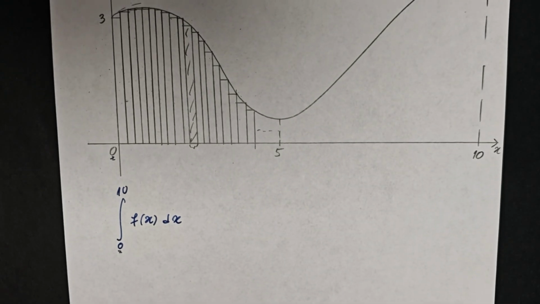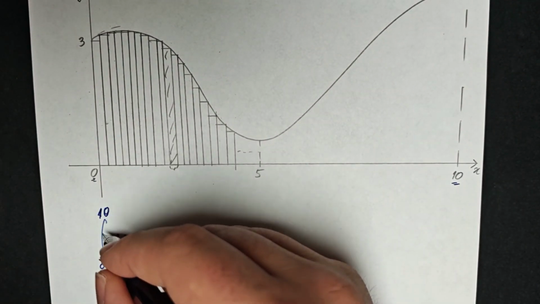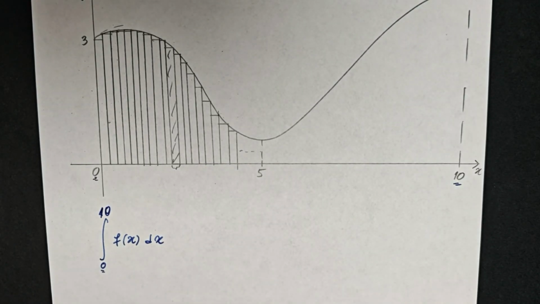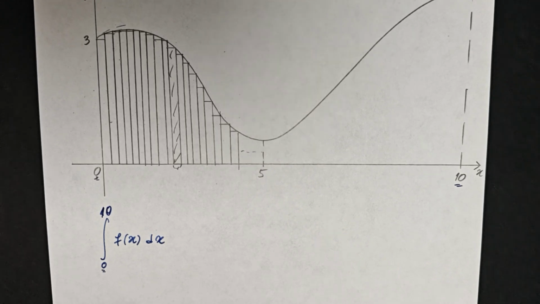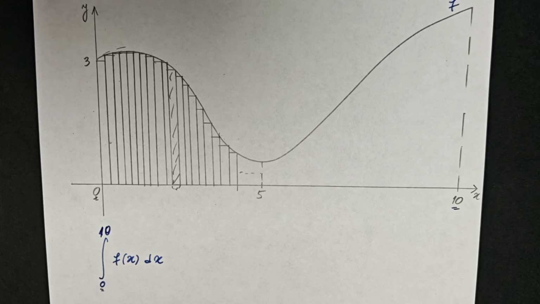And we are going all the way up to 10. As you can see, number 10 is the upper border of our integral. And we are adding together the areas of all the rectangles underneath this function f. The rectangles, remember, that have a base of infinitely small length.